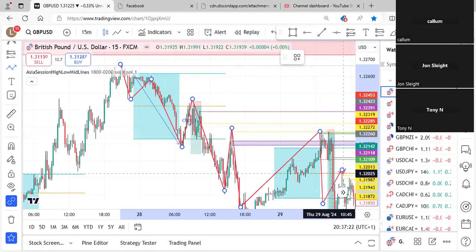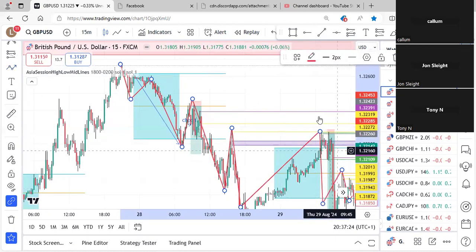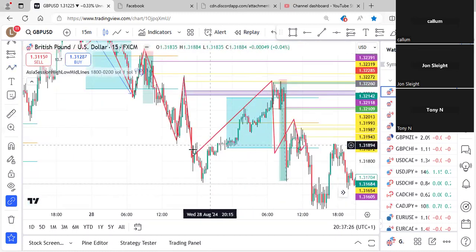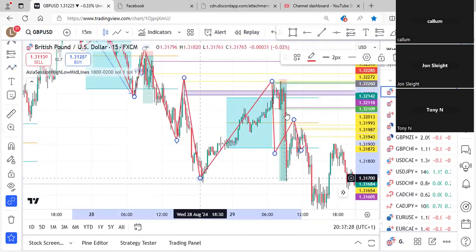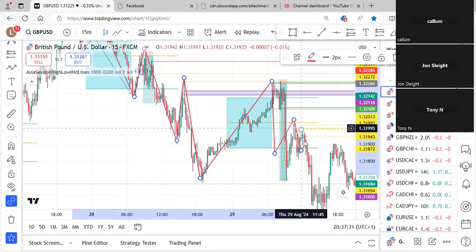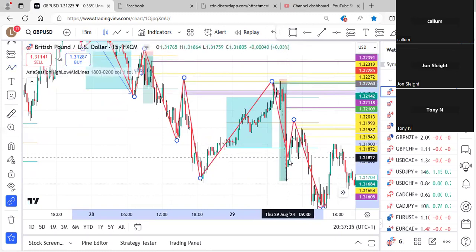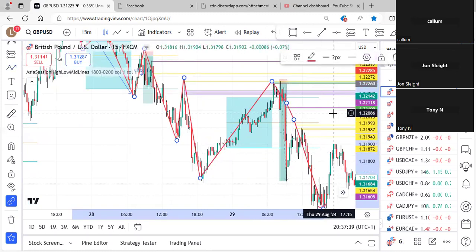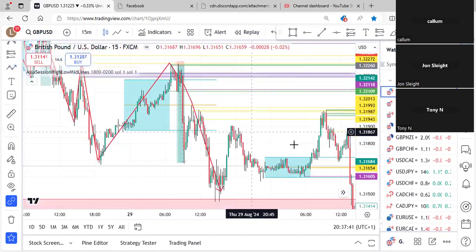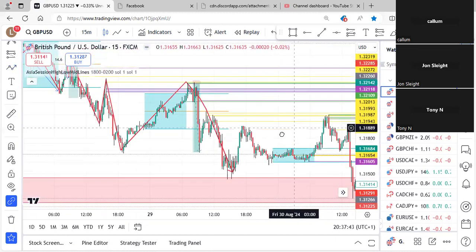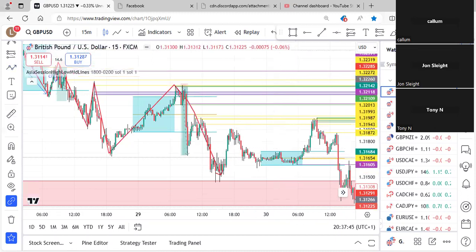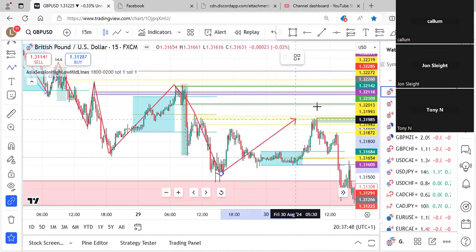I'm going to re-alter this when I get the zoom to the right place. That there. Okay. Maybe not even that, maybe that. Based on my rules for structure, and then obviously it does this, it continued Thursday on.